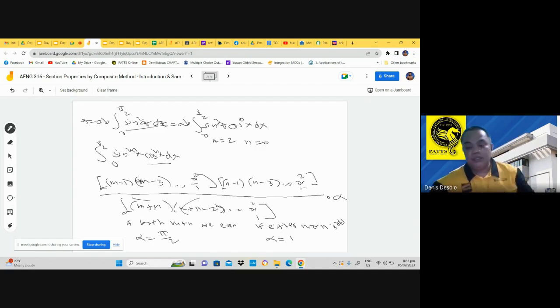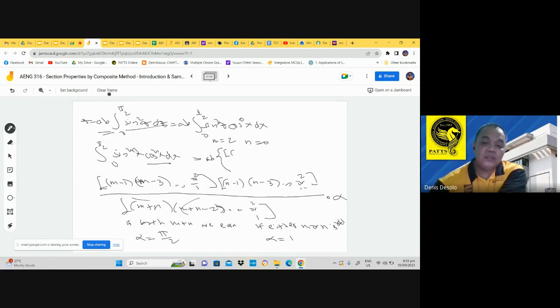Just like this one, I'll be using this space. So AB is the constant, multiplied to whatever the integral of this is using the Wallis formula. So AB times the Wallis formula.